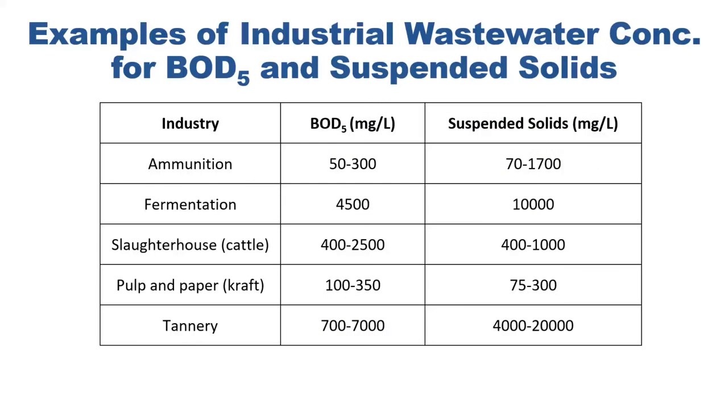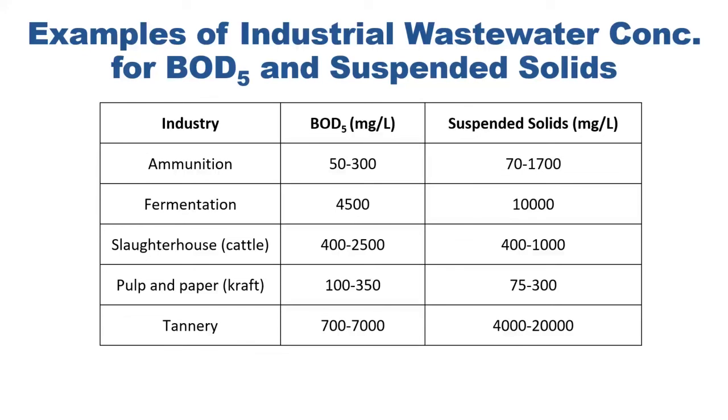These are the examples of industrial wastewater concentrations for BOD5 and the suspended solids. So for ammunition, it refers to the weapon or the materials for weapon systems. The BOD5 is 50 to 300 milligrams per liter, and the suspended solids 70 to 1,700 milligrams per liter.